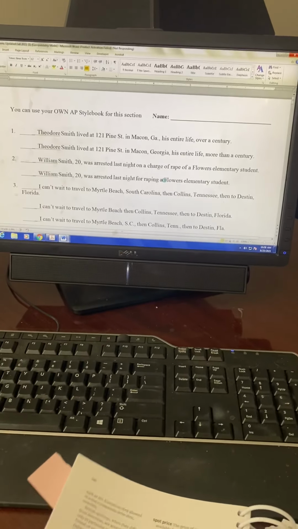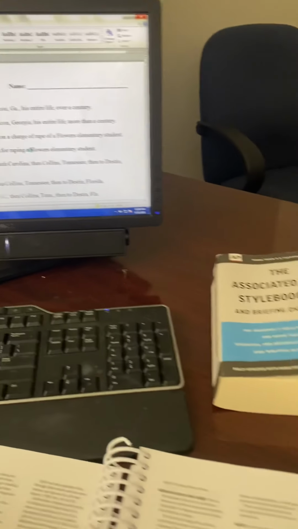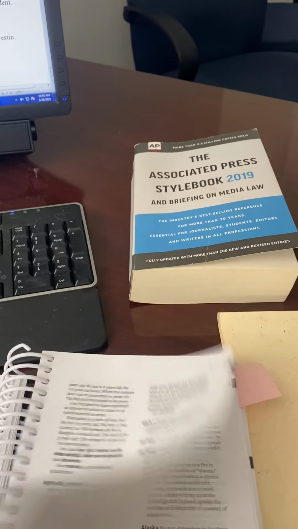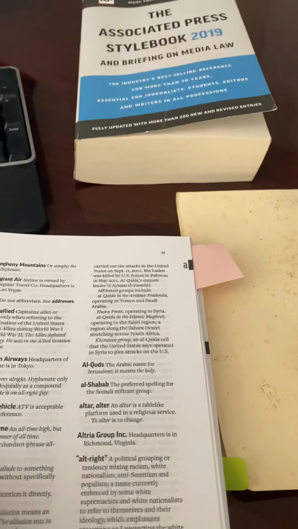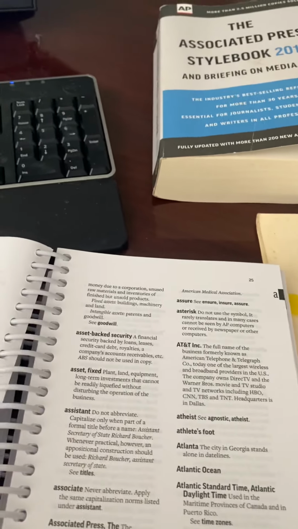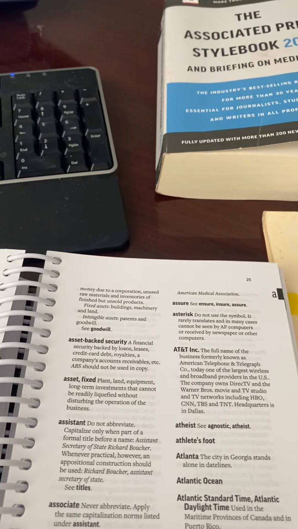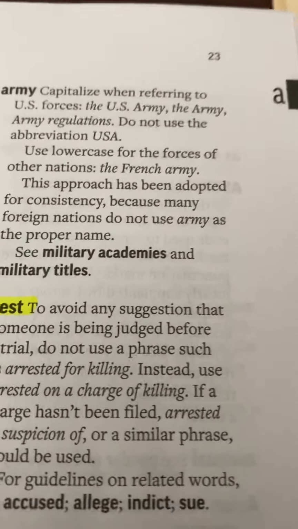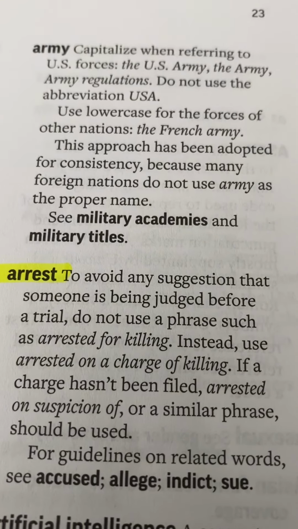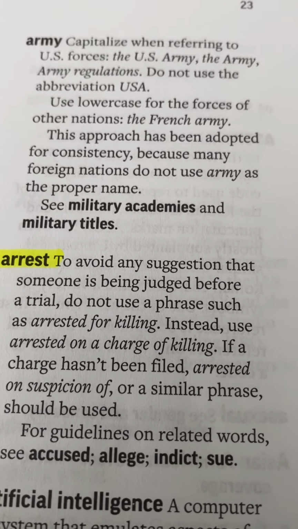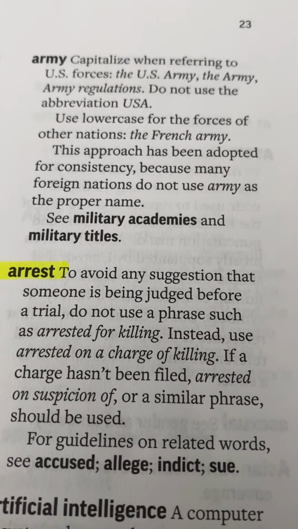So if you start with something such as arrested, then it says, avoid any suggestion that someone is being judged before trial. Do not use a phrase such as arrested for killing. Instead, use arrested on a charge of.